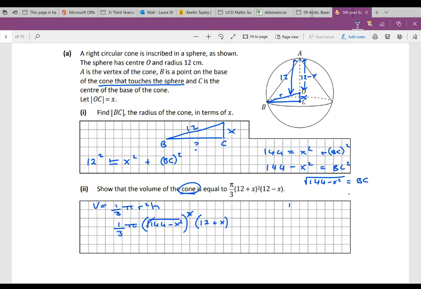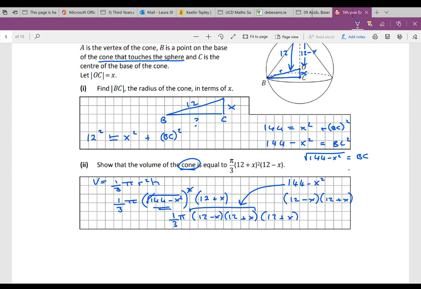This is actually where you do have to see that 144 minus x squared can be simplified to 12 minus x, 12 plus x. And when I put that all together over here, I'll get a third pi, 12 minus x, 12 plus x, which is 144 minus x squared, this bit, times 12 plus x.